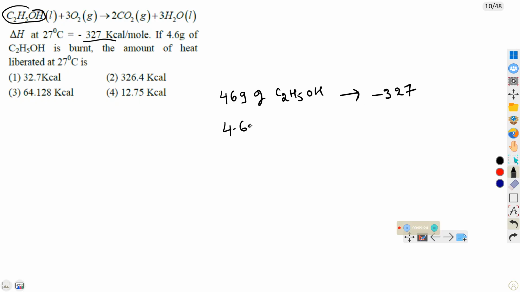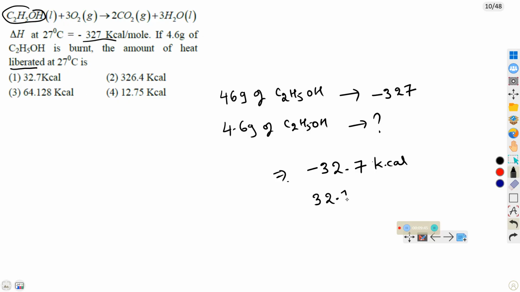Then 4.6 grams of C2H5OH, how much amount of heat is liberated? Minus 32.7 kilocalorie per mole. Heat is liberated. Since the term liberated is given, it can be written as 32.7 also. Heat liberated, then the delta H value is negative, so automatically it can be represented as minus 32.7.